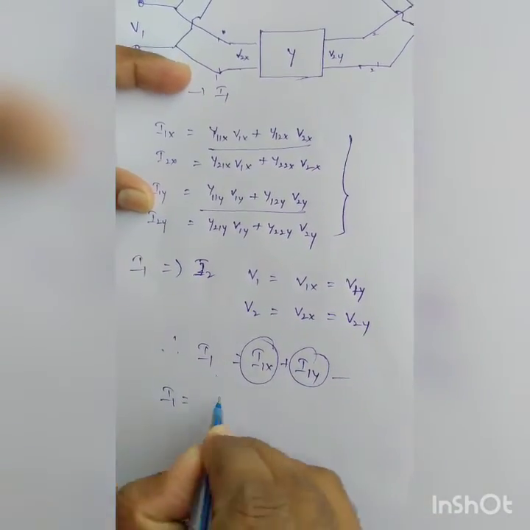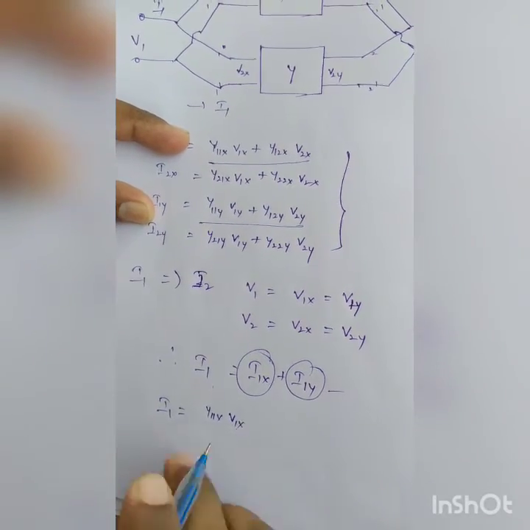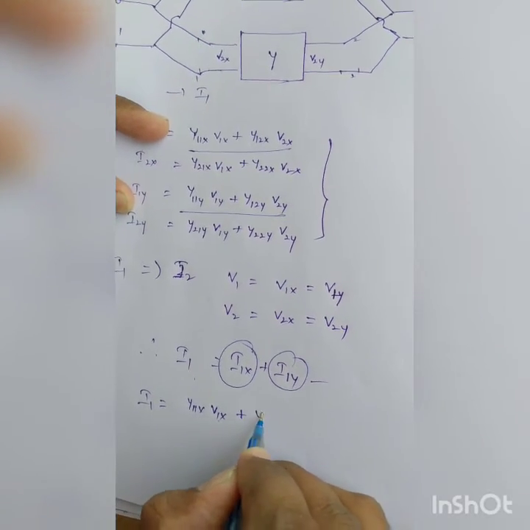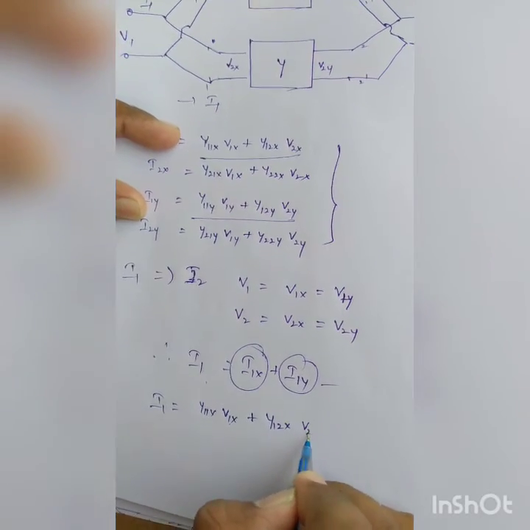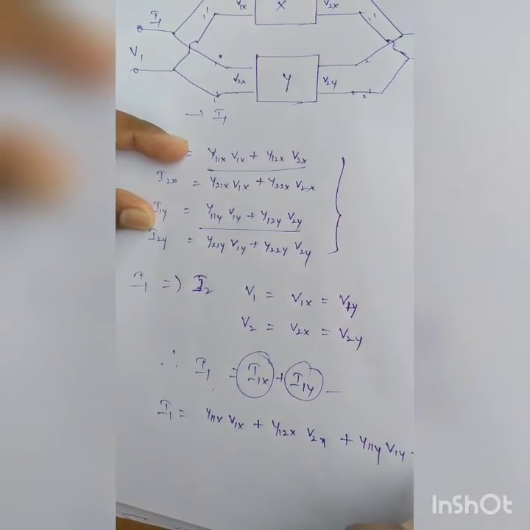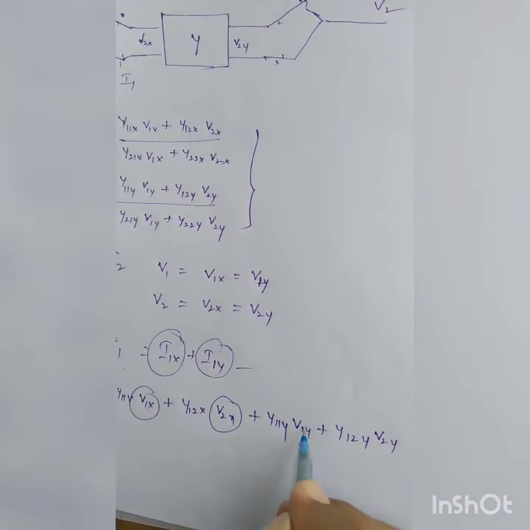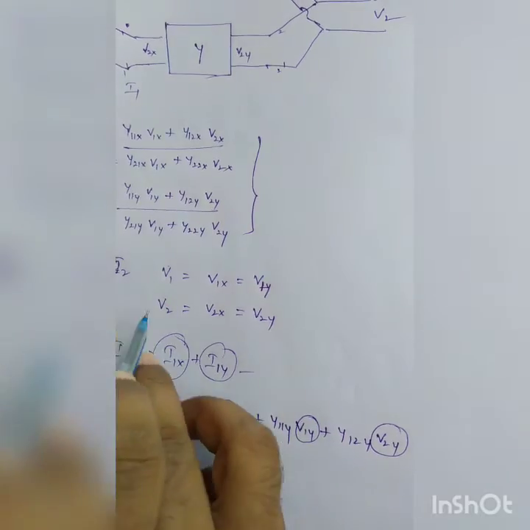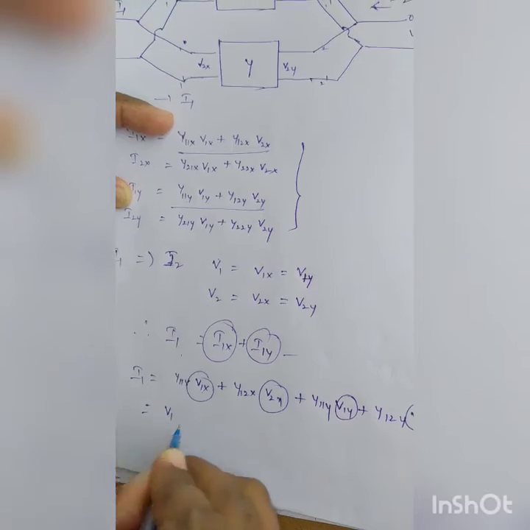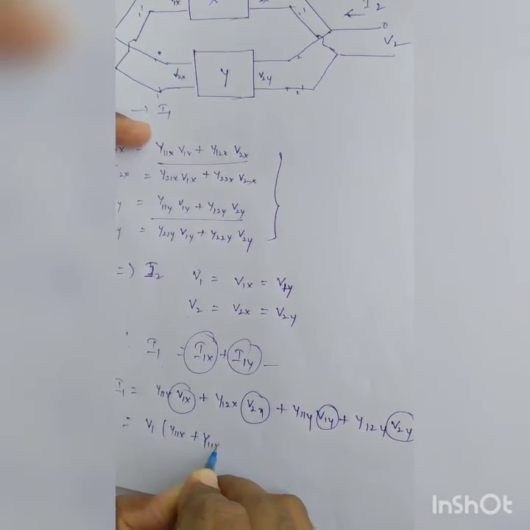I1 is equal to Y11x V1x plus Y12x V2x plus Y11y V1y plus Y12y V2y. Since V1x equals V1y equals V1, and V2x equals V2y equals V2, we take V1 and V2 common. The V1 coefficient is Y11x plus Y11y.